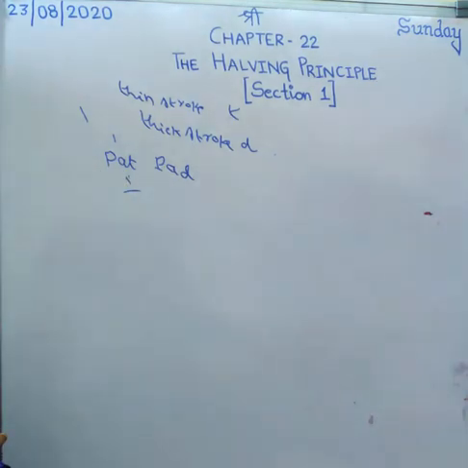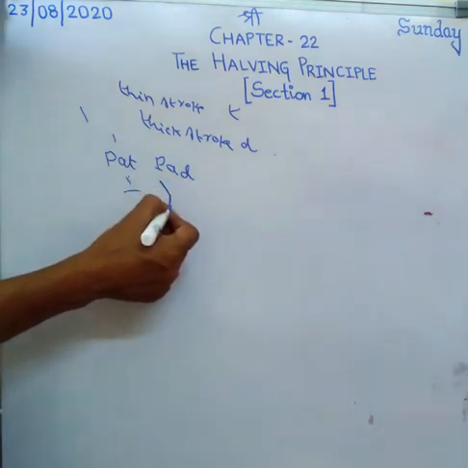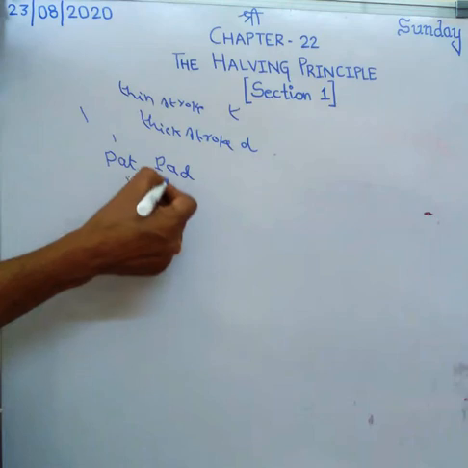Pad, P plus R plus D. Here, P is a thin stroke. When we halve it, we get only the sound of T, not the sound of D. So here you cannot halve. You have to write P and D in full.